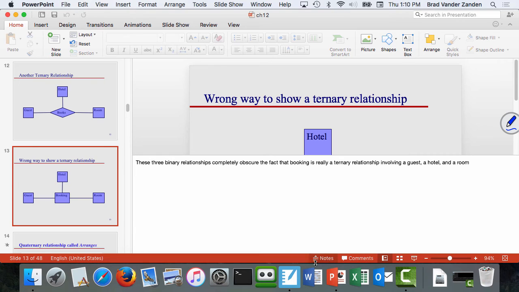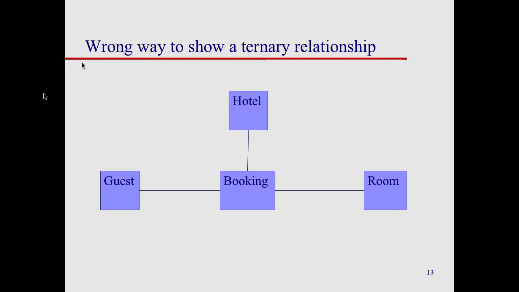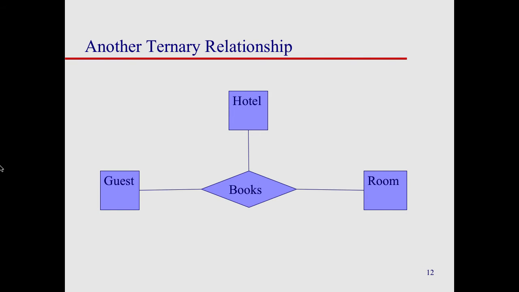Okay, so when you have a relationship that's not a binary relationship, so more than 2 entities participate in it, you draw the relation as a diamond, and you name the relationship, and then you have undirected lines coming into that relation.